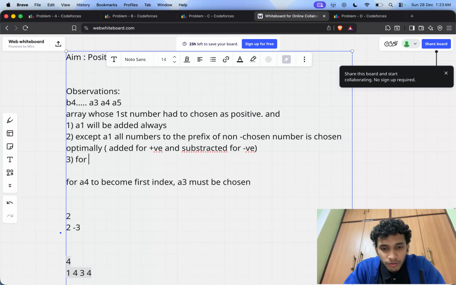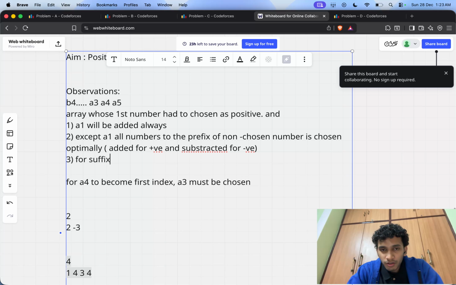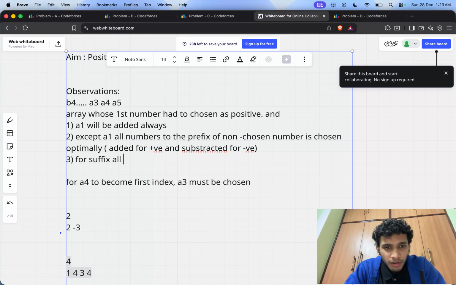And for the suffix, except the non-chosen number, all are subtracted.